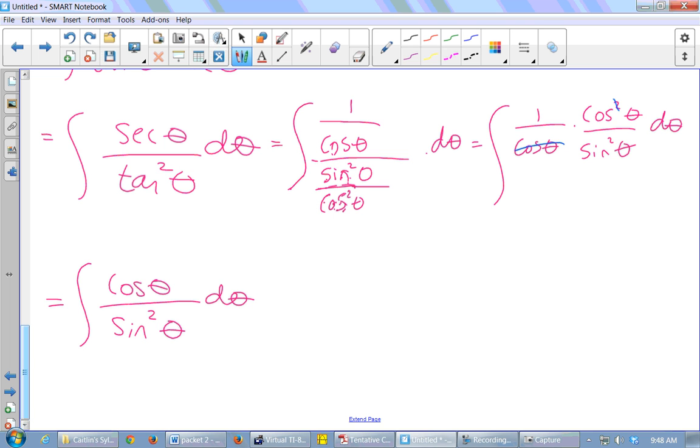Ideas? We could try a u sub with sine theta. So the derivative, so that would be a u squared. Yeah, let's try it.